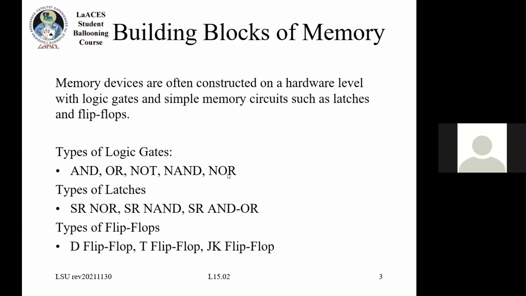In particular, the reason those are so important is it turns out that you can basically build any other kind of logic circuit out of one of those types of gates. So if I have a NAND gate, I can put several NAND gates together to make an AND, an OR, a NOT, or a NOR.